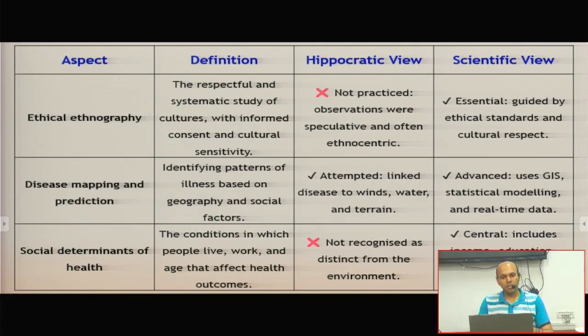For example, disease mapping and prediction, again linked to epidemiology. So you have got the GIS, statistical modeling, real-time data. And then lastly, social determinants of health: the conditions in which people live, work, and age that affect health outcomes. Obviously, we know health and other things will have an effect on the outcomes that are there.